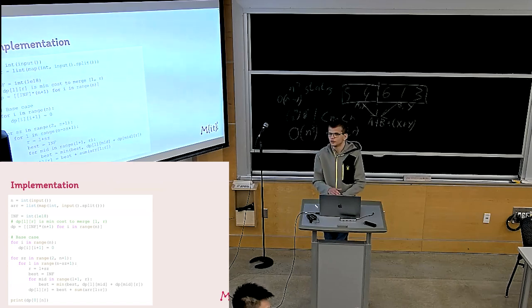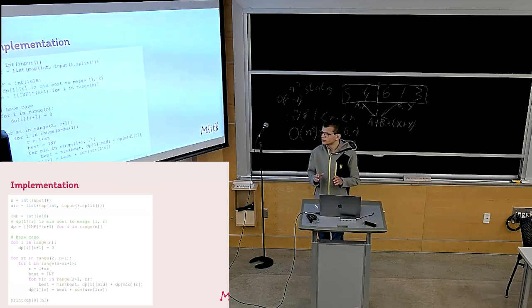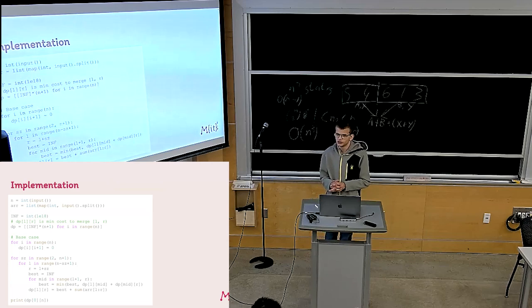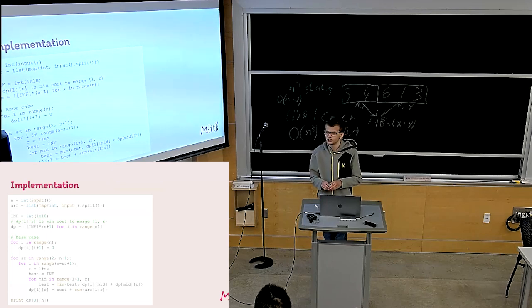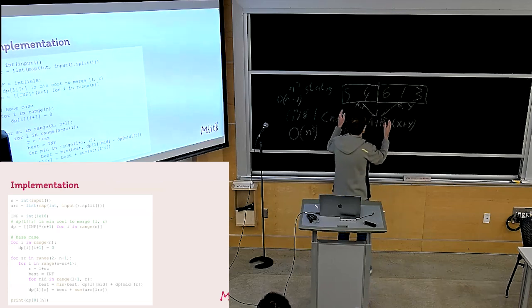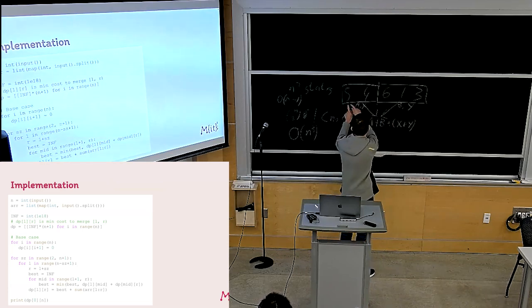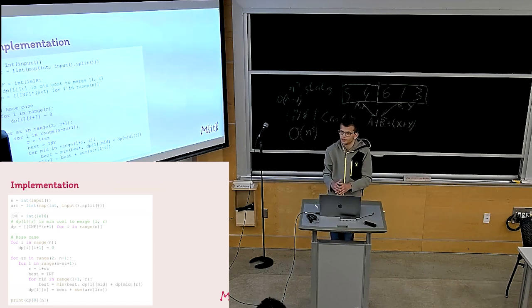Your question is, why is that always optimal? Or why is it always contiguous subarrays? Well, it's always contiguous subarrays because the problem statement says that we always merge adjacent slimes, and the slimes never change their order. So if we have one slime that was merged from different slimes, it must have been a contiguous set of slimes, otherwise they would not have been adjacent and you can't merge them.